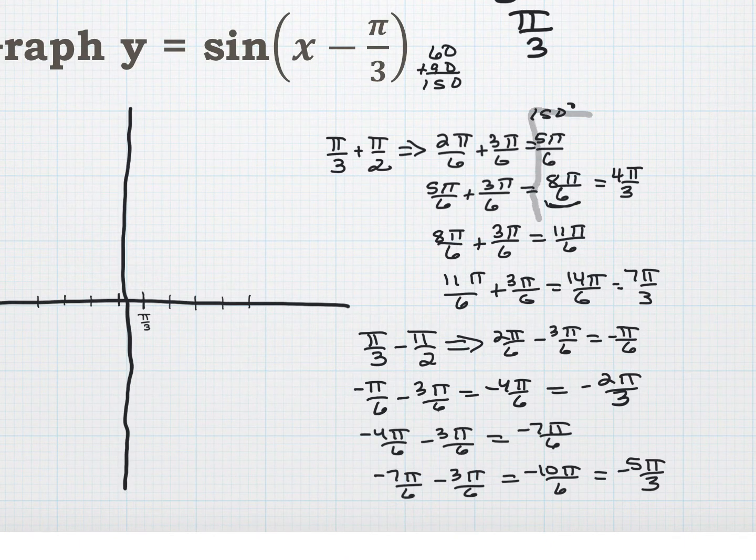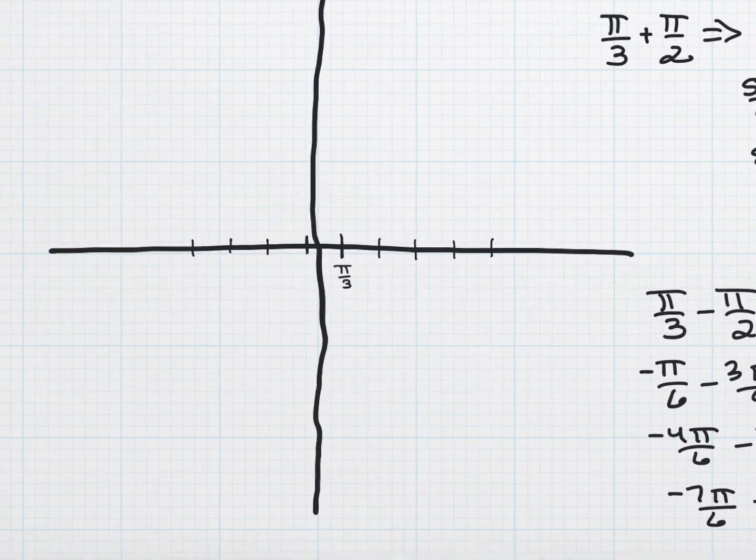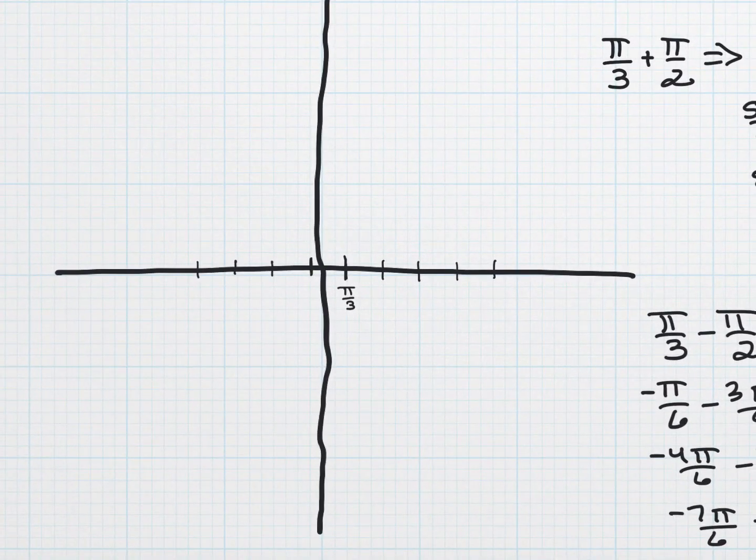and I'm going to add them to the x-axis. Go ahead and label my x-axis. So the first one here is going to be the 5 pi over 6. Then the next one is the 4 pi over 3.